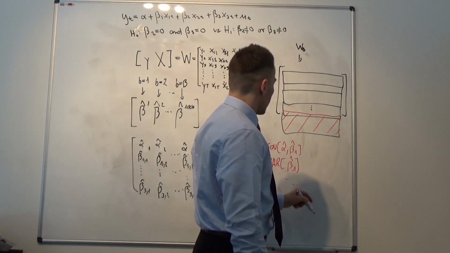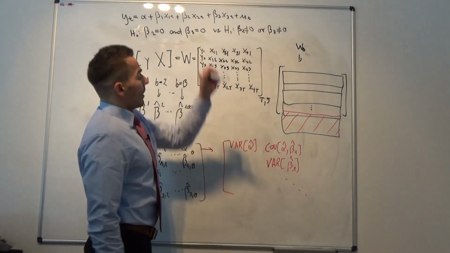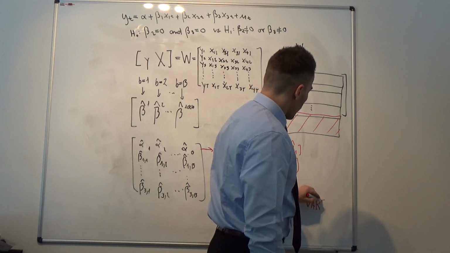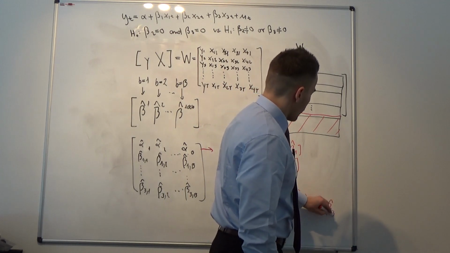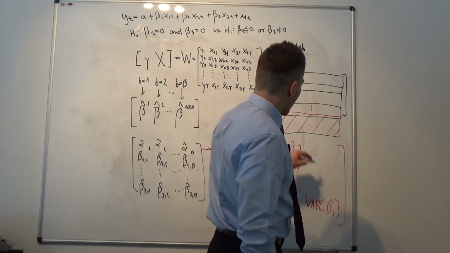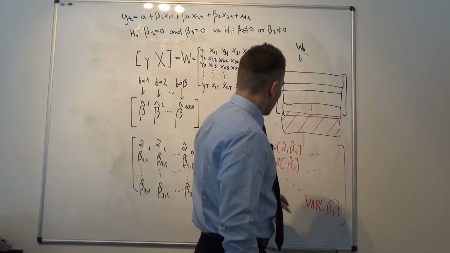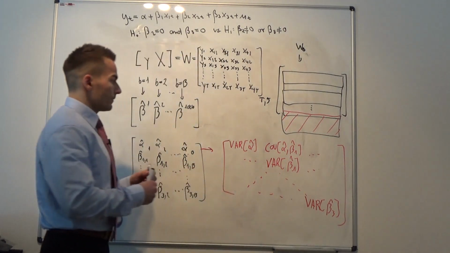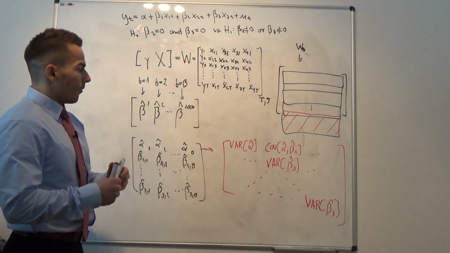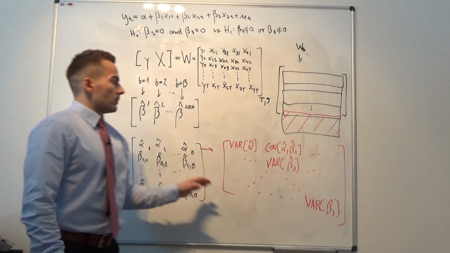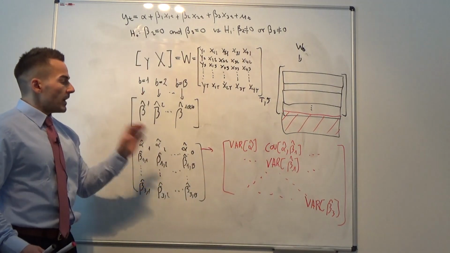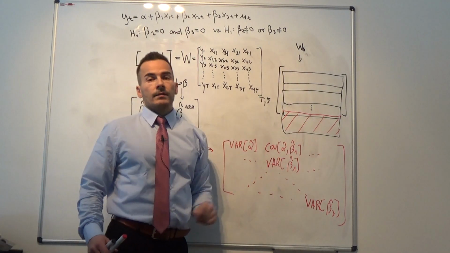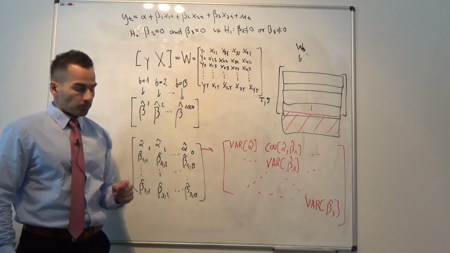The last element on the main diagonal is the variance of our beta hat 3. All the other elements in the matrix are straightforward. So what we get is a 4x4 covariance matrix that is based on our estimates using the simulated data series.